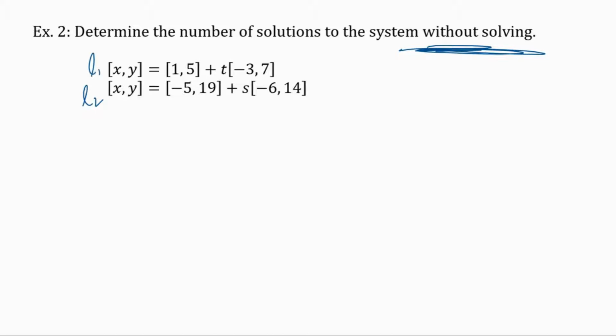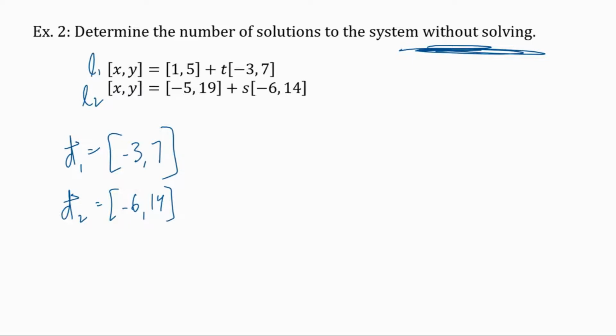But the first step is something really important, and something to always be thinking about. Think of it for yourself, if you can, but what if we look at just the direction vectors? I've got line 1 and line 2. What's direction vector 1? It's negative 3, 7. What's direction vector 2 of line 2? It's negative 6, 14. What do you notice about those direction vectors? I hope it's jumping out at you.